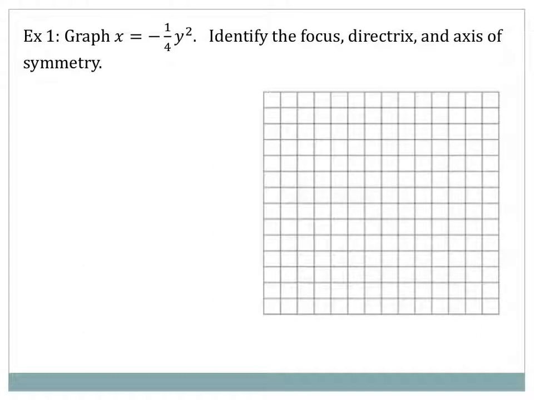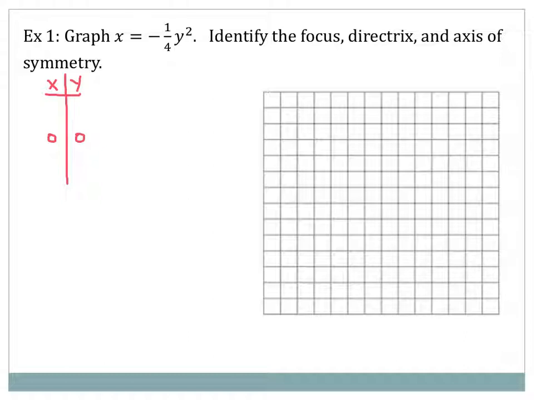So the first thing I'm going to do is find my vertex, and I'm going to start with doing a t-chart. Remember, the vertex goes in the middle. There's nothing subtracted from x and y, so that's going to be 0, 0. Whatever variable is squared, like the y here, that's where you plug in. And I only want to plug in points that are going to give me multiples of 4.